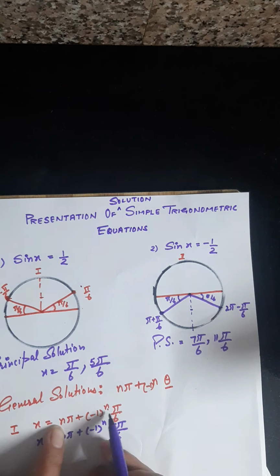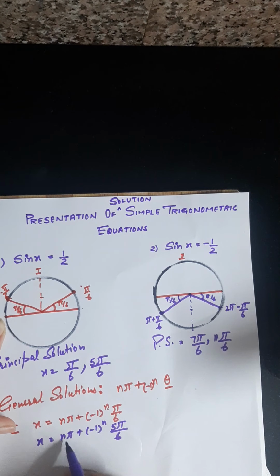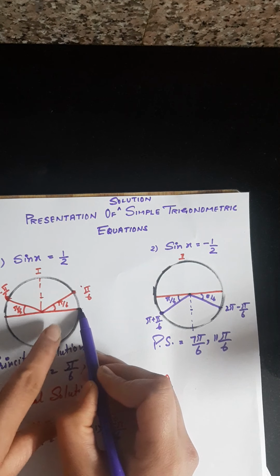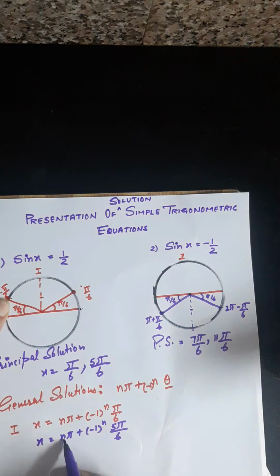So it will take us to this position. And when n is 2, it is 2 pi plus 5 pi by 6, means 2 pi is this position plus then this position. When n is 3, it is 3 pi minus 5 pi by 6.